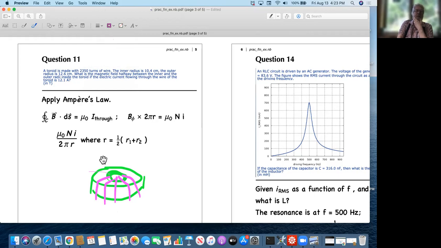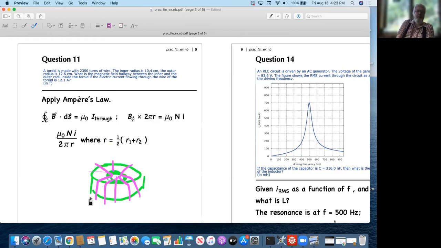So it's like a solenoid, only a solenoid is wire wound around a cylinder. Well, it's not like this. The wire comes up here and goes down into the hole. Wire here goes into the hole. So that's a toroid.